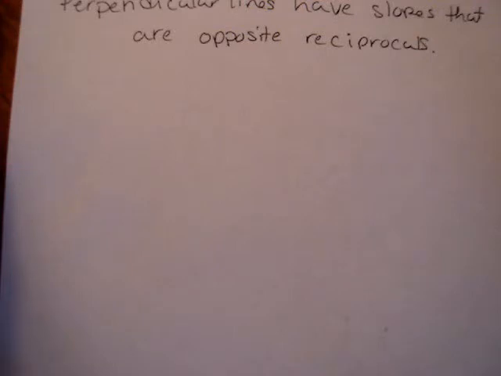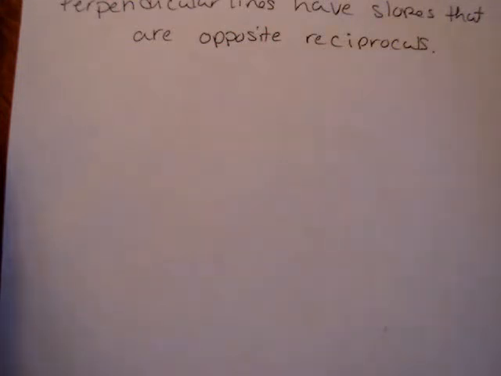The solid line L contains the point (1,4) and is perpendicular to the dotted line, and you should be looking at the picture here, whose equation is y = 2x. Give the equation of the line L in slope-intercept form.